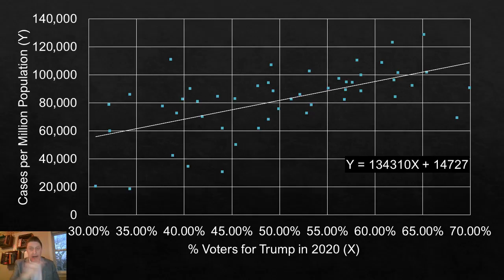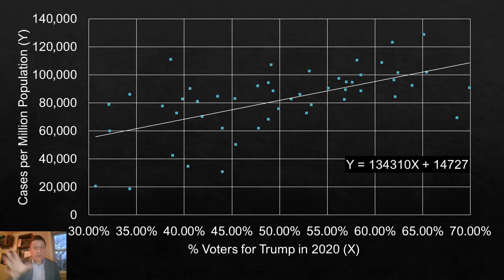And this line accounts for about 34.6% of the variation in the cases per million population. So for one variable and one variable alone to explain what happens to anything having to do with people is actually pretty good. That's a little bit more than a third of all the variation explained by how much support for Donald Trump there was in the state in 2020.